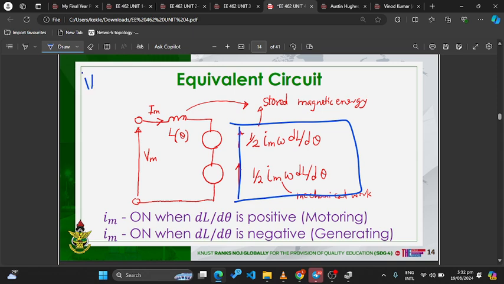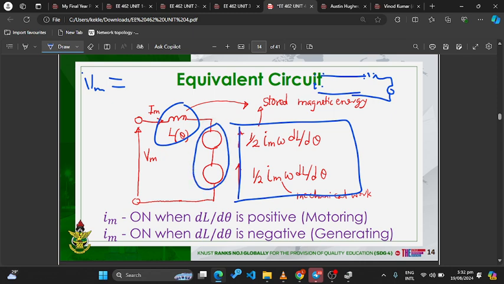Because we have VM, which is the supplied voltage, equal to this. Just view this as when we were doing the DC motors: you have a certain supply V, a certain resistance, and then you have the motor back EMF. So this place is actually the back EMF. We know that back EMF, EB, is proportional to our speed.